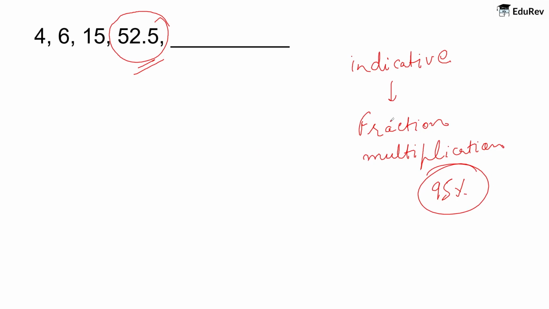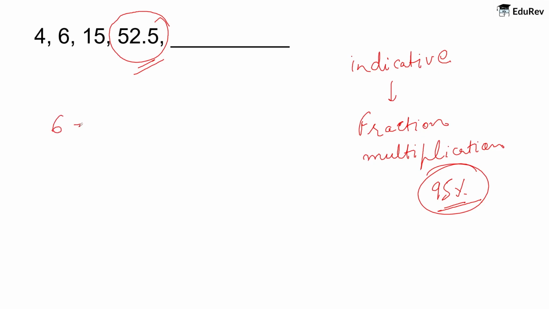So you look for the fraction which is being multiplied to obtain a particular number, and you will find some pattern in the fraction. This happens 95% of the time when you see a series having numbers in decimal or fraction form. So let us try over here.